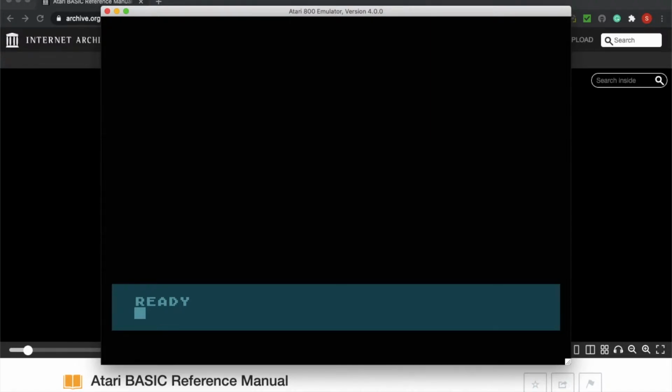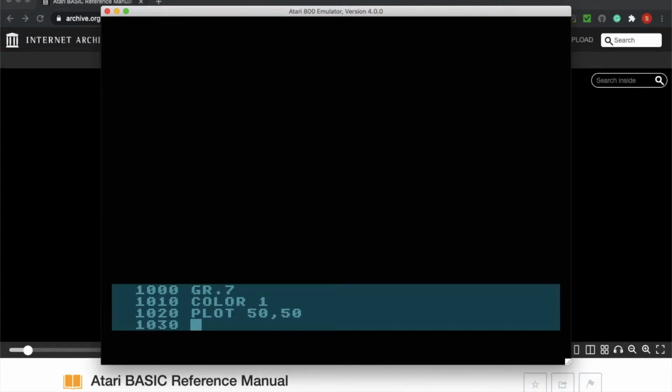And so first things first, maybe we should be writing a program. Graphics mode 7, 10, and then color 1. So 10, 20, plot horizontal 50, comma 50, and then 10, 30.